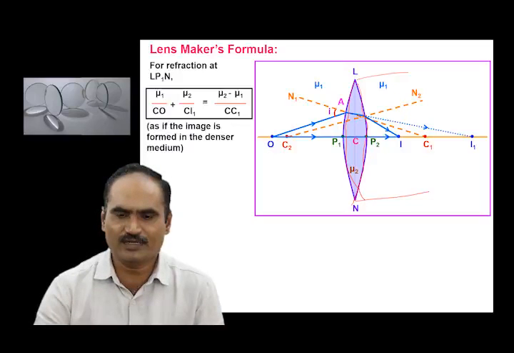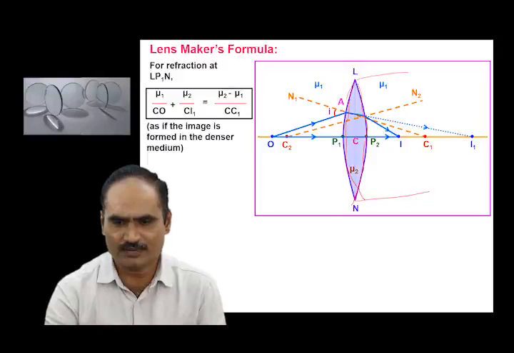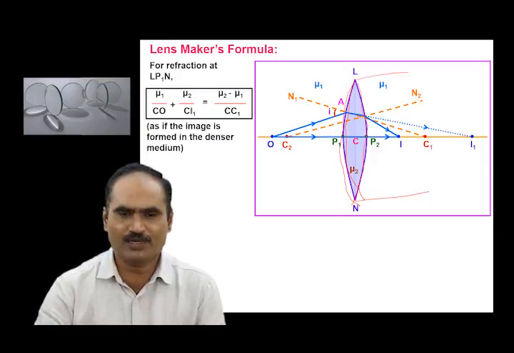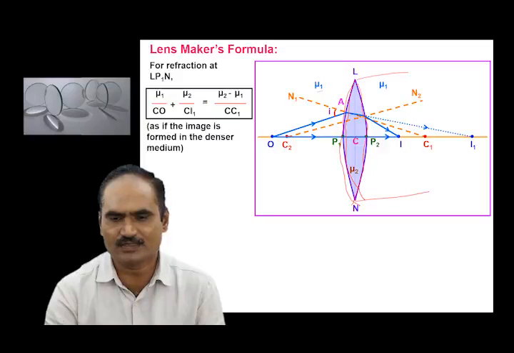If you consider only the first surface, LP1N, and apply the previous formula, that is mu1 by CO, the refractive index of the object medium is mu1 and the object distance is OC.